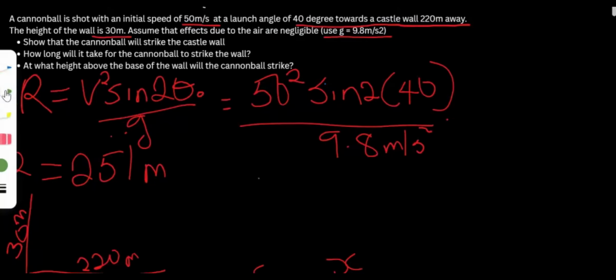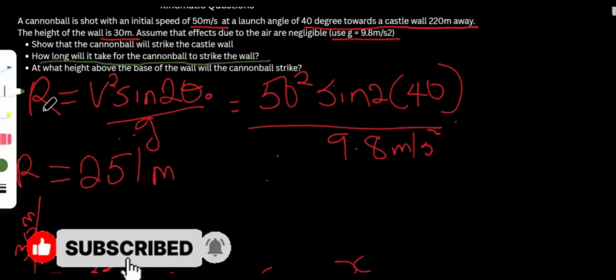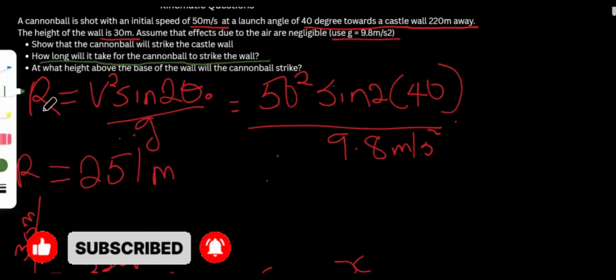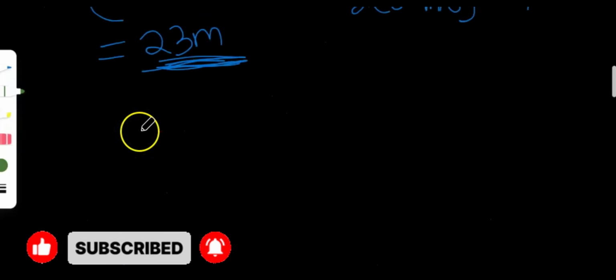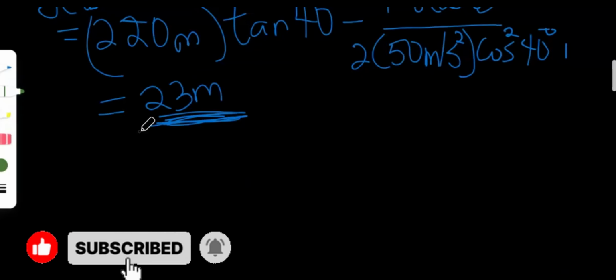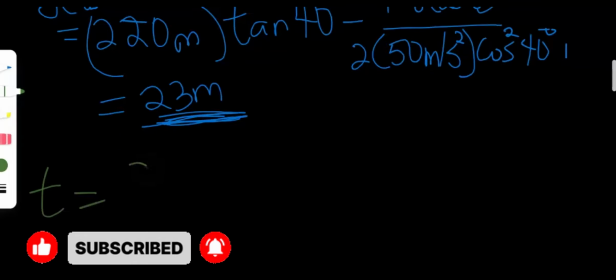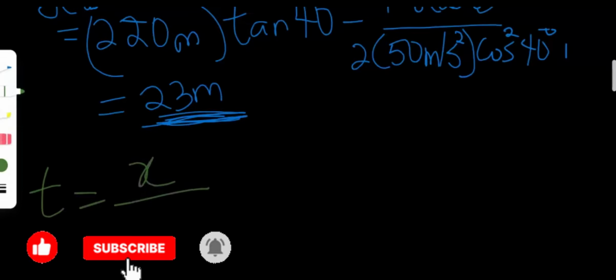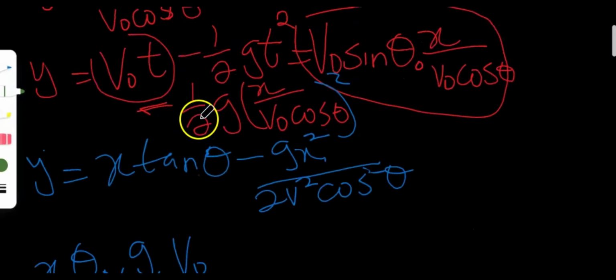So now this question says, how long will it take for the cannonball to strike the wall? Now we're talking about the time. From the first equation we know that time is equal to x over initial velocity cos theta. It is from this equation that we had here.